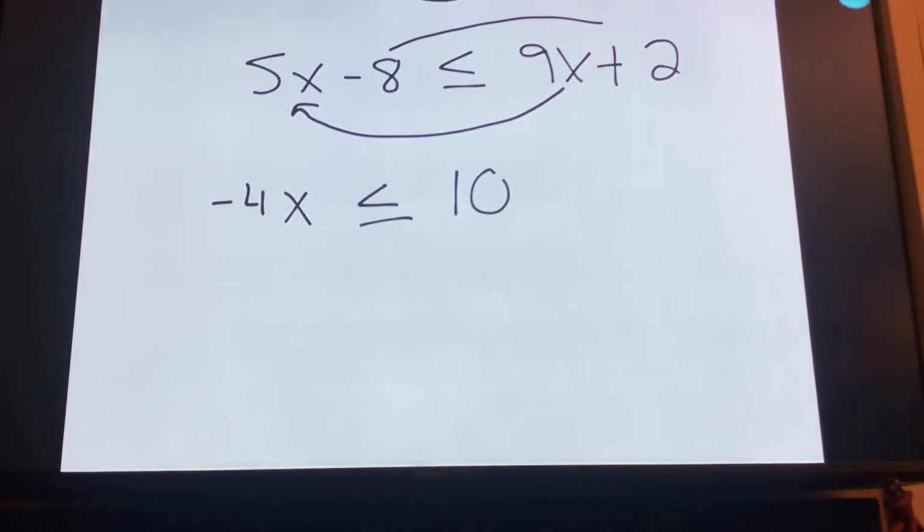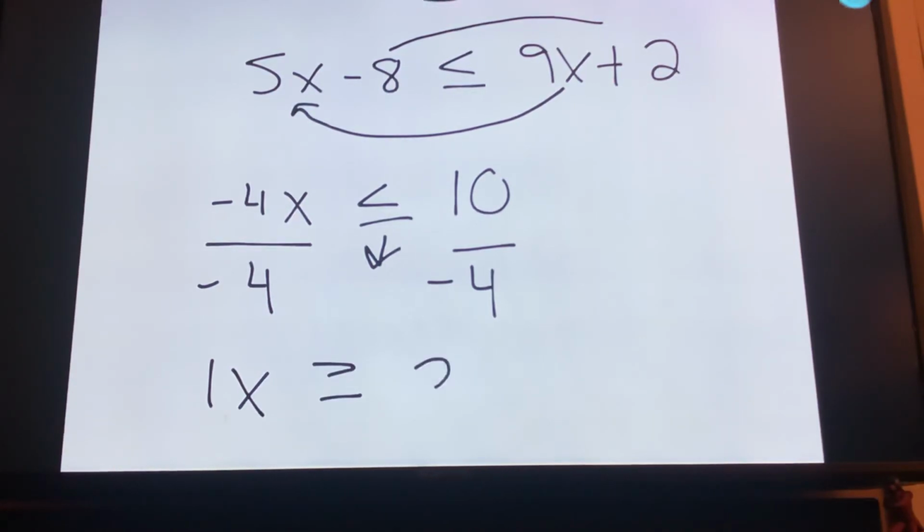We divide by negative 4 and negative 4. That gives us a 1x. The sign changed because it went from negative to positive. That means this is a reverse inequality. We now flip the sign, and it's 2.5. So 2.5 is now our answer.